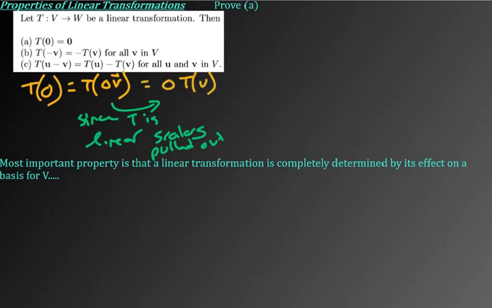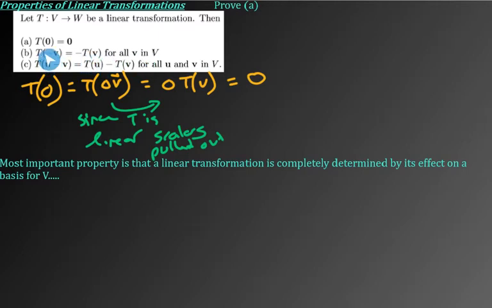But T of v is just some vector, and by properties of vector spaces, 0 times a vector is equal to 0. It's a very short thing, but that is the argument, and you would want to add some words if you were formally writing it up. But T of the 0 vector goes to the 0 vector. That's it.